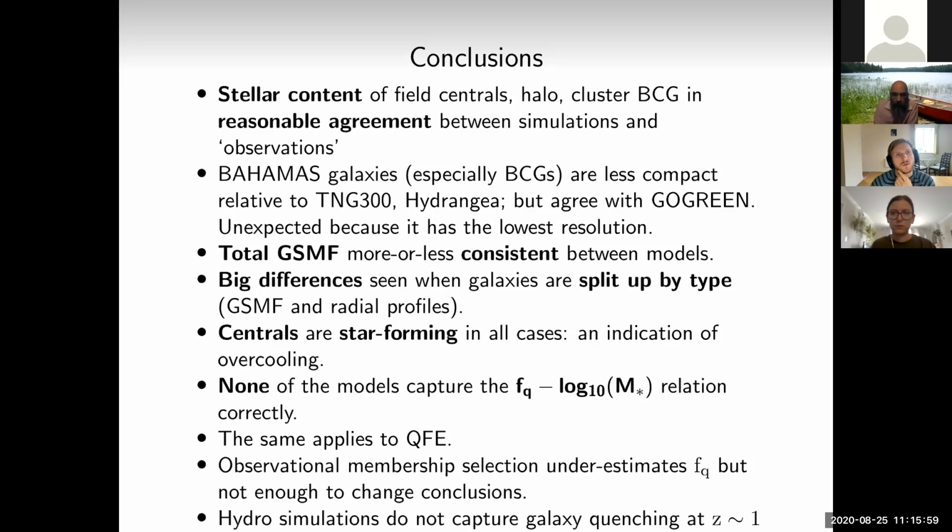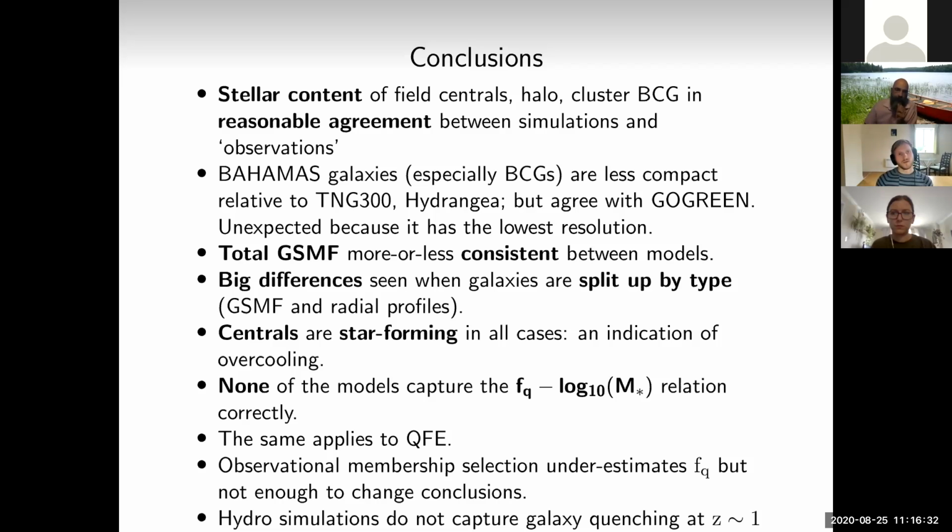So the BCG is flagged up as the central by, is it the subfind algorithm? So there will be one central galaxy which sits at the gravitational potential well. So it's all done gravitationally, so intercluster light isn't really a problem because it's not done from images. But you also measure the stellar mass within an aperture, right? Mm-hmm.